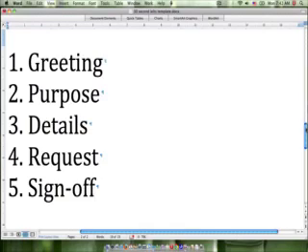The fourth part is another paragraph which states a request or what the writer would like to see happen as a result of this letter.